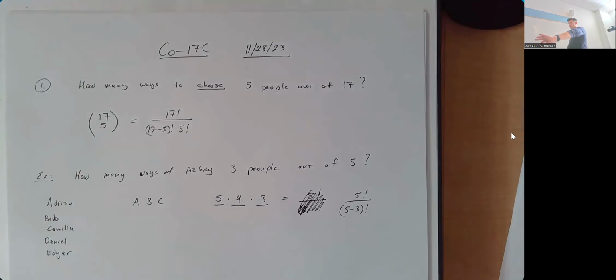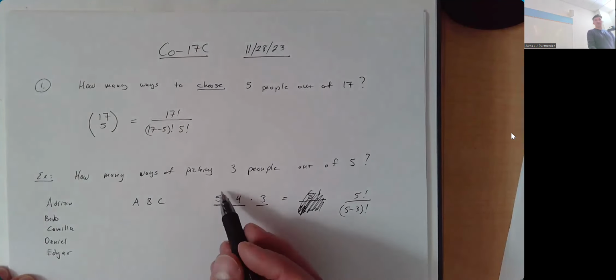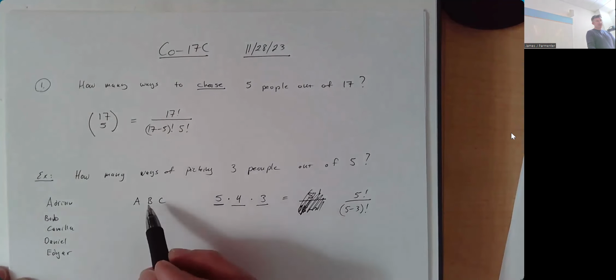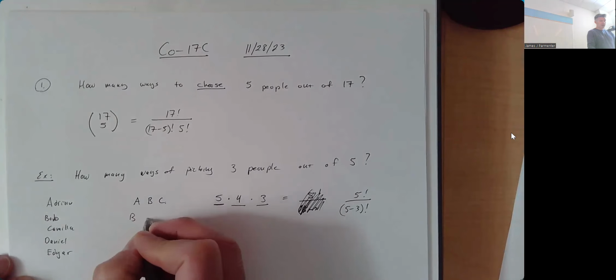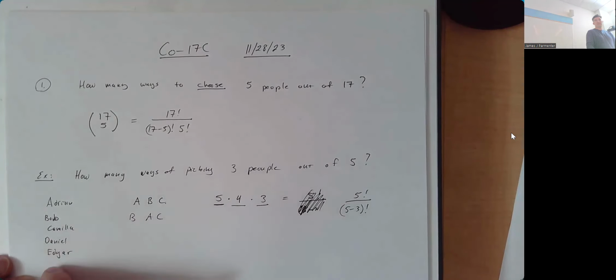That is not the full answer, because that is the number of ways of permuting, not choosing, 3 people out of 5. Because I could pick any of the 5 people for the first one, right? So I could have picked A, then B, then C, but I could have picked B, then A, then C. That's a different order I picked them in, but it still results in the same group of 3 people, Adrian, Bob, and Camilla.